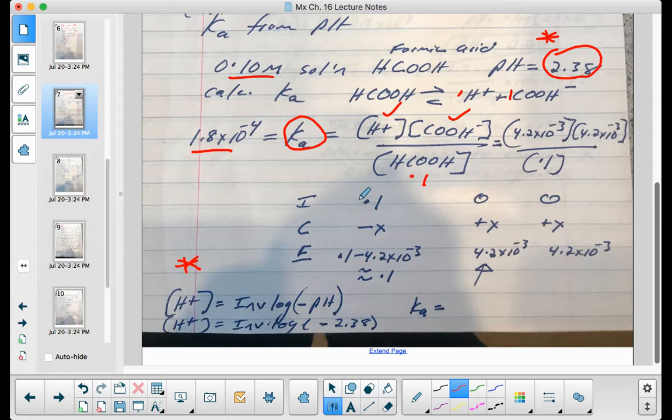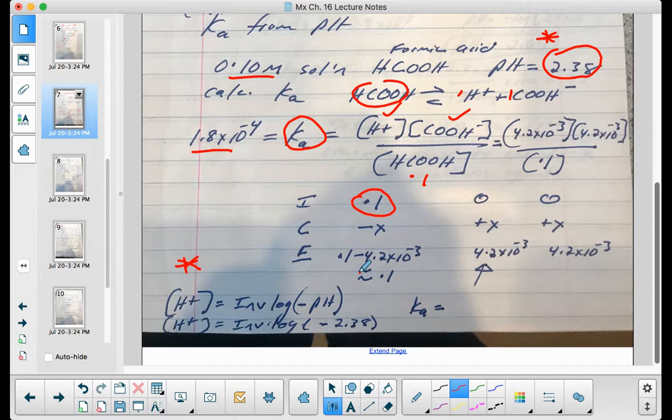Now I know that initially I'm going to start out with this amount of my formic acid, the HCOOH. And so at equilibrium, it's going to be 0.1 minus the amount that this side went up by. And so what I see is that this value of 4.2 times 10 to the negative third is very small.